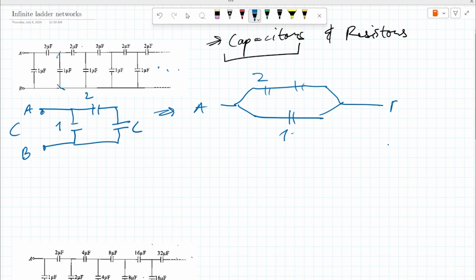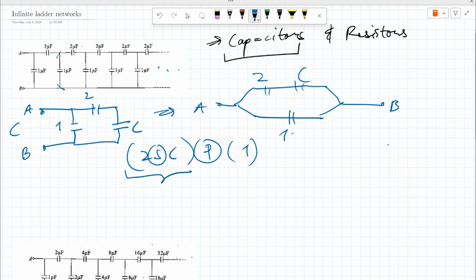They both are in series, and then we can essentially write them as this. So we'll use the series operator for 2 and C, and then we'll use the parallel operator for 1 and the whole of this. What that leaves us with is 2C upon 2 plus C, and then we'll add 1, and this must be equal to C.